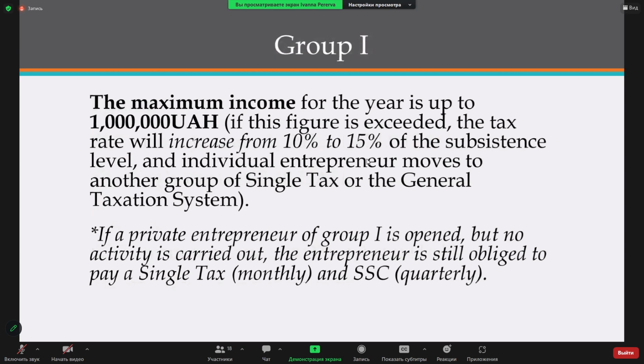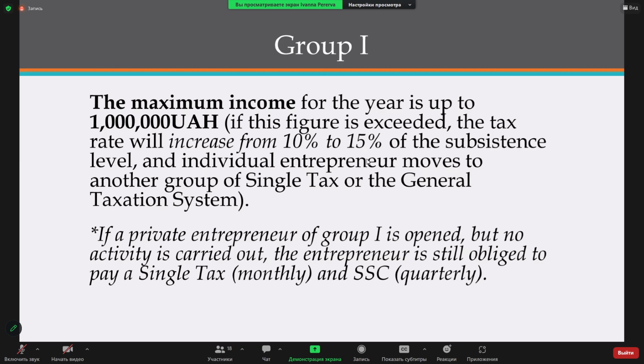Okay. Now, also, let's refresh our knowledge of the requirements for entrepreneurs of different groups. You can be registered as an entrepreneur of the first group when your maximum income for a year is not more than 1 million.